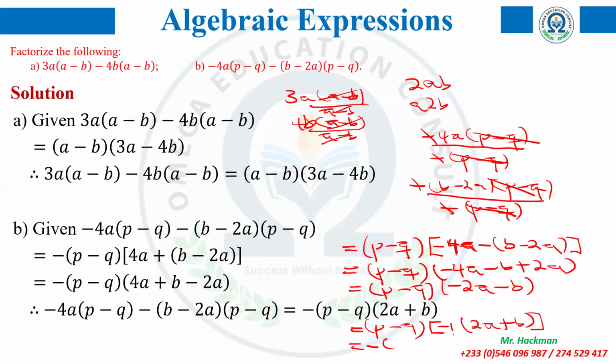With this one, you can choose not to write the 1, just write the minus. And P minus Q, then you end up getting the negative, you brought it out here. So you are left with 2A plus B. So that will end you at what we have here, but you write more. So my point is always factor out negative first. And I believe all your concerns are addressed.